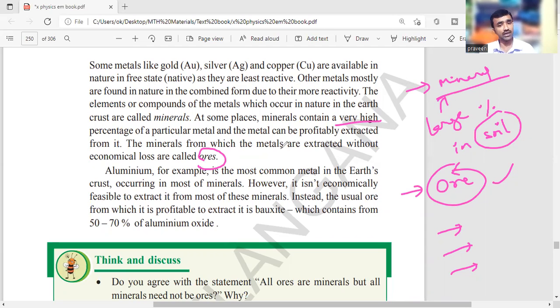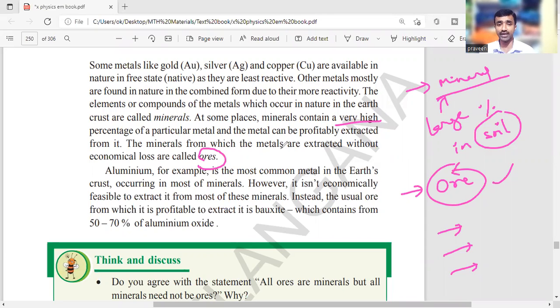Remember that. However, it doesn't mean the earth crust soil is considered to be ore of aluminium. Aluminium is available in many forms in the earth crust, in the form of oxides, chlorides, etc. So everything is not considered to be an ore.